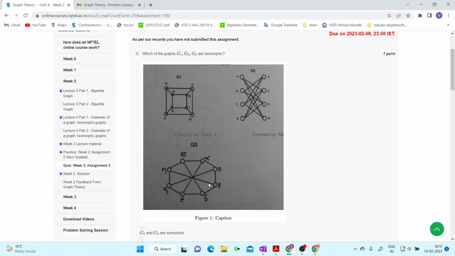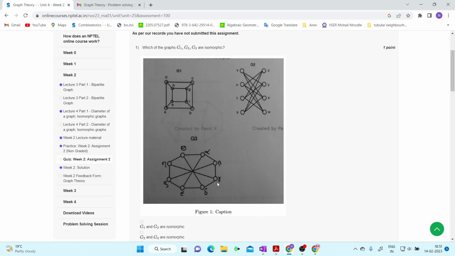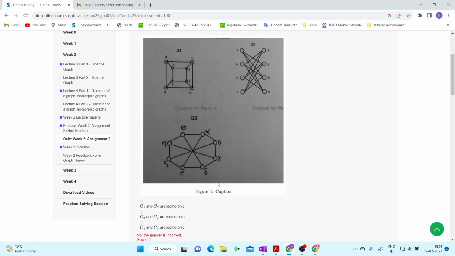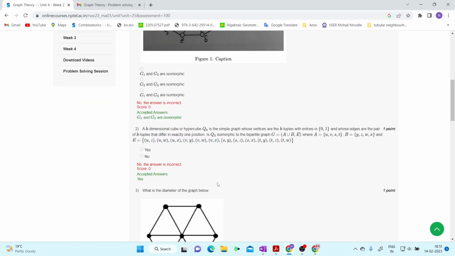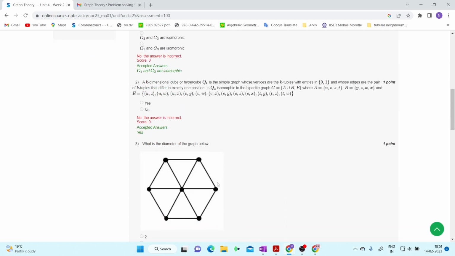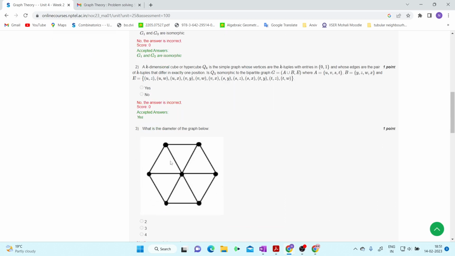So is this clear to everyone? The first problem? Yes, ma'am. Okay. Now the second problem we have discussed right now. What was the diameter of this graph? 2, ma'am.